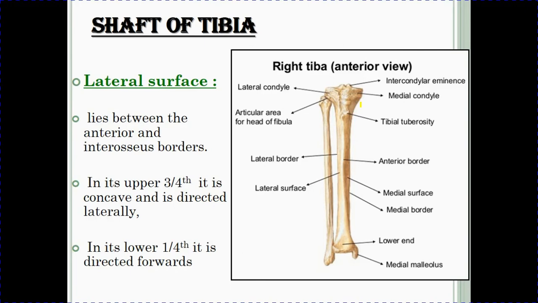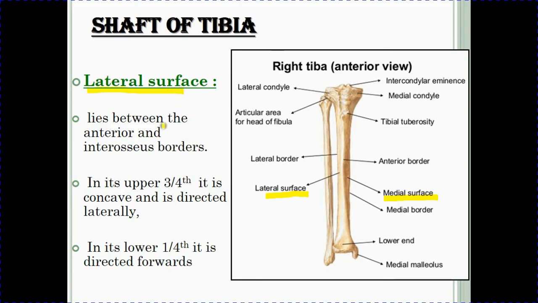Now there are three surfaces which are present in the tibia. There is a lateral surface, there is a medial surface, and there is a posterior surface which will be seen in the posterior view. So first we are going to see the lateral surface.